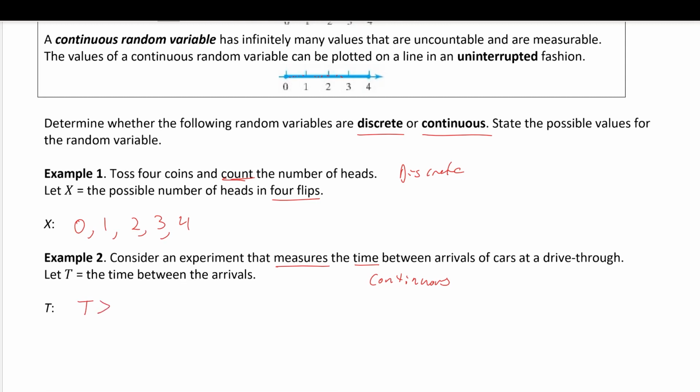You can start the clock as soon as one car leaves, it starts at 0, and until the next car leaves, you stop the timer, right? So technically it's greater than 0 all the way on to infinity, really, because who knows, that last car might have been the last customer ever. So that's what that would be.